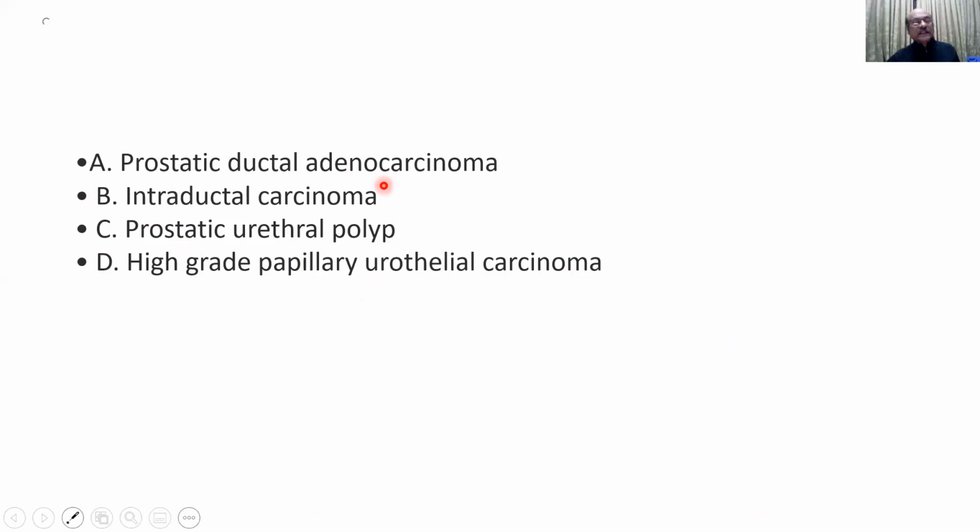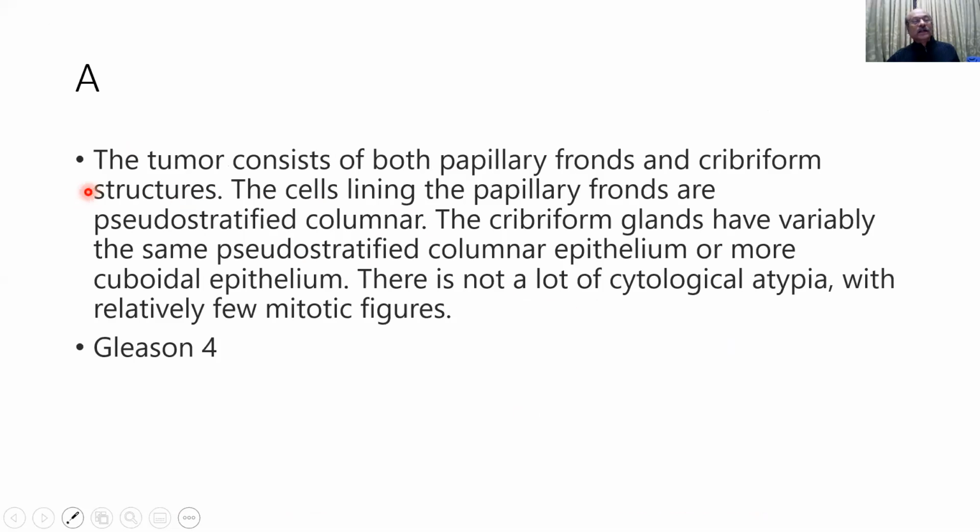So these are the choices, and here the tumor consists of both papillary fronds and cribriform structures. The cells lining the papillary fronds are pseudostratified columnar. The cribriform glands have variably the same pseudostratified columnar epithelium or more cuboidal epithelium.